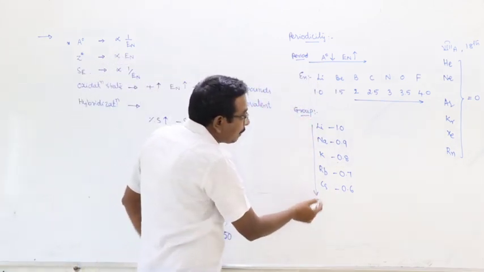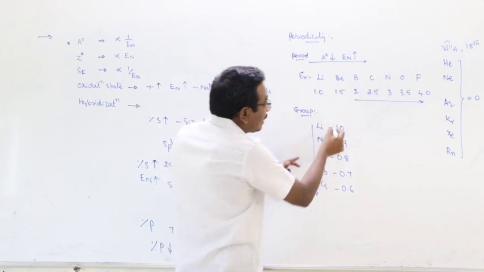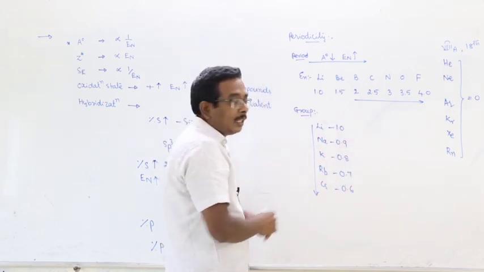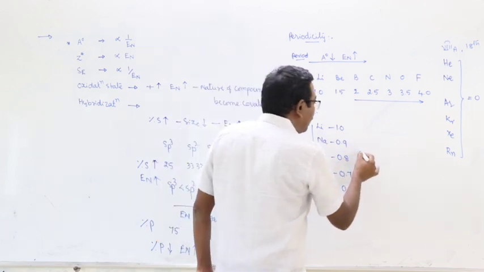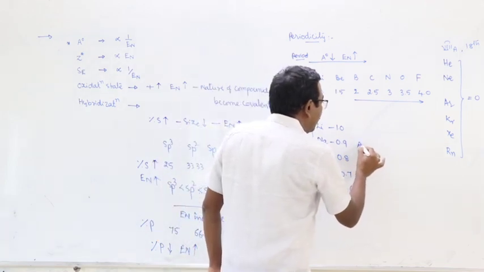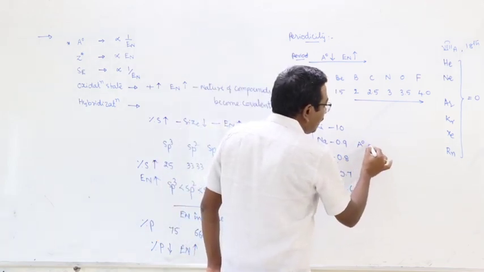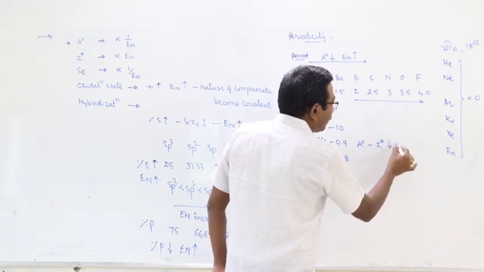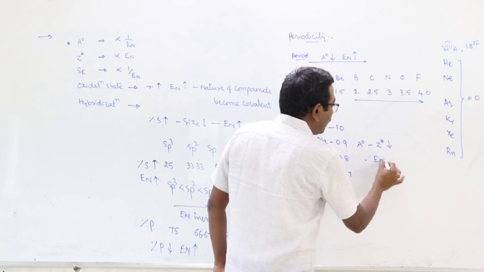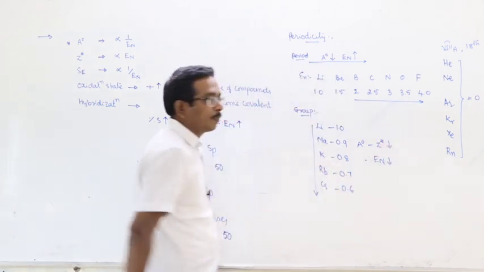As we move from top to bottom, with increase of the atomic radius, effective nuclear charge decreases, therefore electronegativity also decreases. Here atomic radius gradually increases, effective nuclear charge decreases, therefore electronegativity decreases.